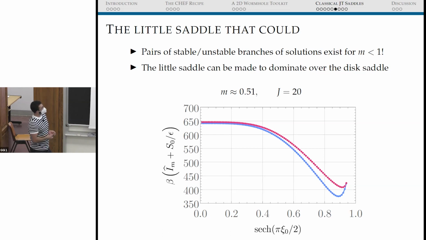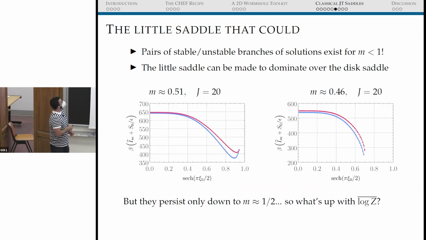Here, there's a stable branch, the blue one, and an unstable branch, the red one. The stable branch has a minimum in the modulus, so it actually is stable. And it dominates with a smallest action for m close to 1/2.